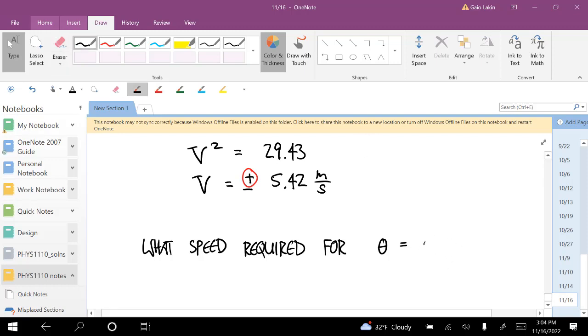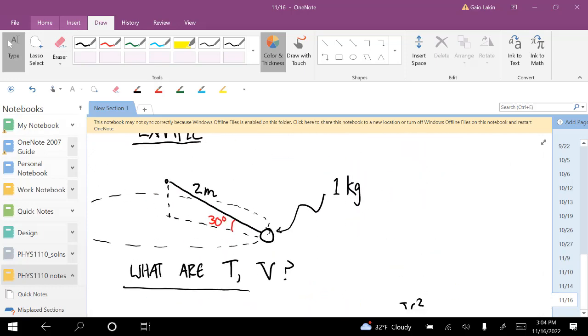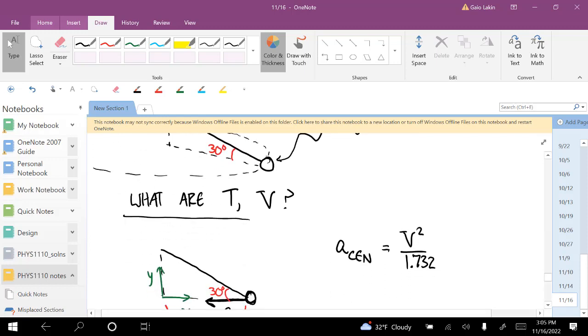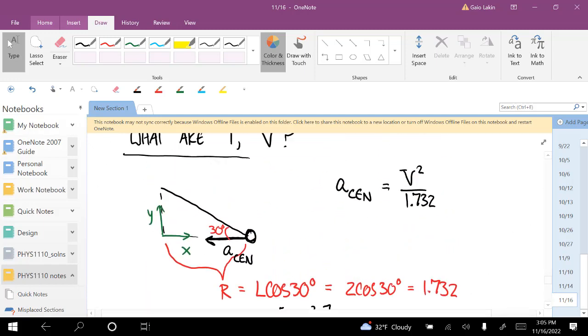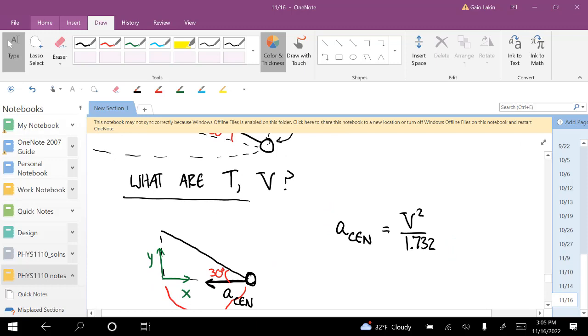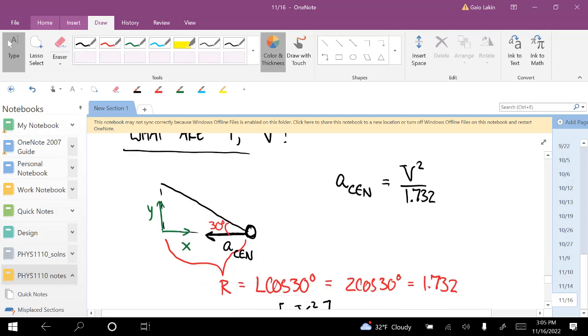We want it closer to horizontal. Okay, so that means that this thing is 1/10 of a degree from being perfectly horizontal. And let's see what speed is required. It's going to be a higher speed, right, and a higher tension. Well, what's going to change? The centripetal acceleration.